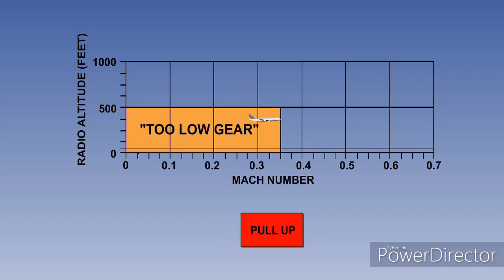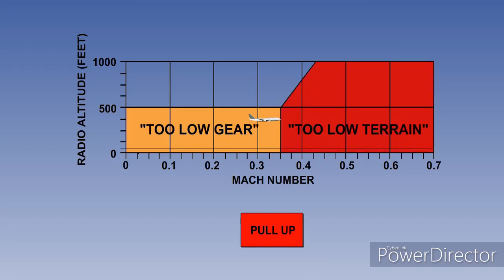"Too low gear!" With an increase of speed to above 220 knots, or Mach 0.35, the boundary is increased to 1,000 feet radio altitude, and the oral alert changes to "too low terrain." It is also repeated every second and a half. "Too low terrain!"